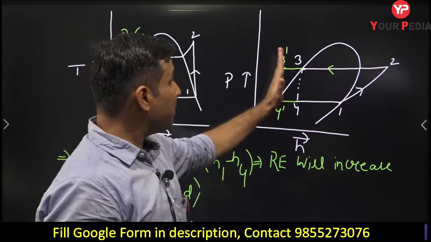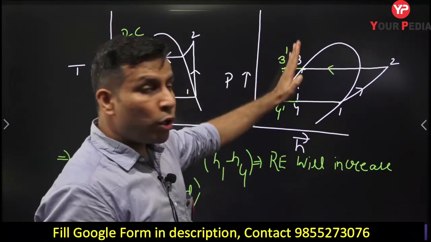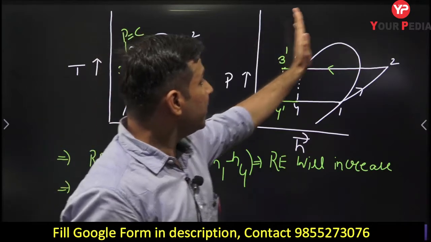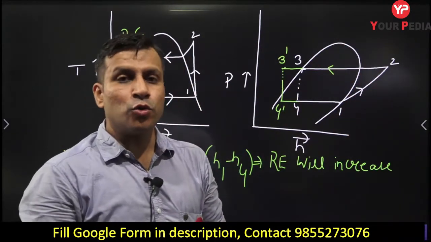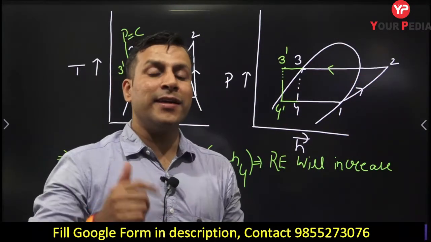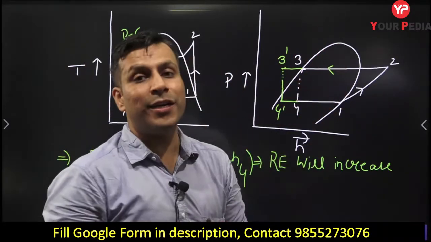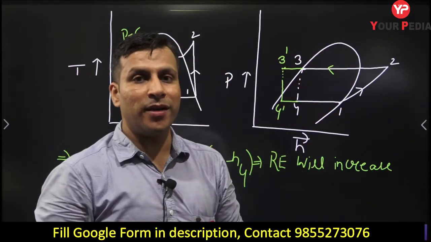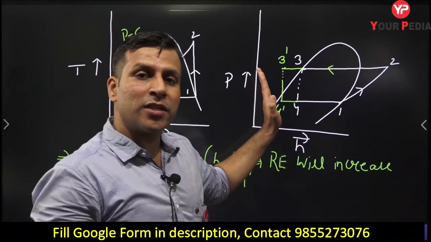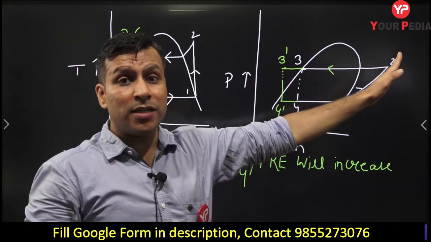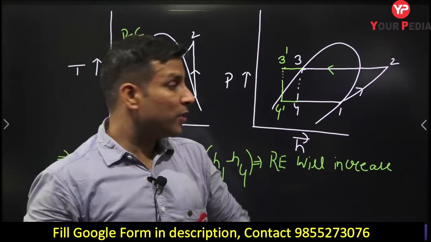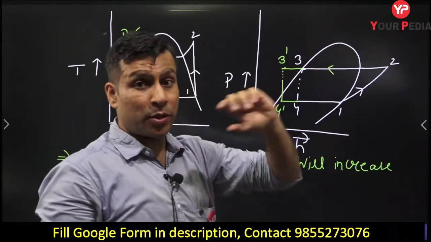If you are using the same pipeline, suppose initially the cold water enters the subcooler and then that water goes into the condenser. The water which enters the condenser will be at slightly higher temperature compared to fresh water directly entering the condenser. Are you getting the point? So the condenser temperature and pressure will increase.